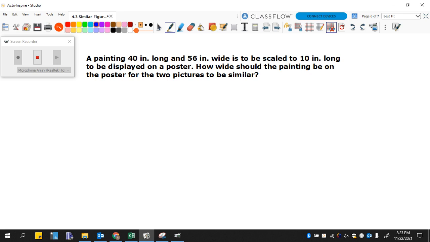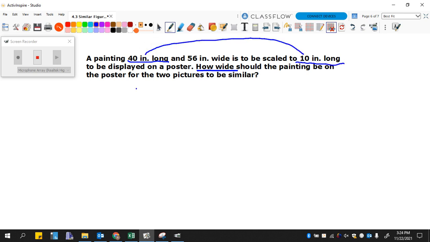A painting that is 40 inches long and 56 inches wide is to be scaled to 10 inches long to be displayed on a poster. How wide should the painting be on the poster for the two pictures to be similar? So 40 inches long and 10 inches long are the corresponding sides.